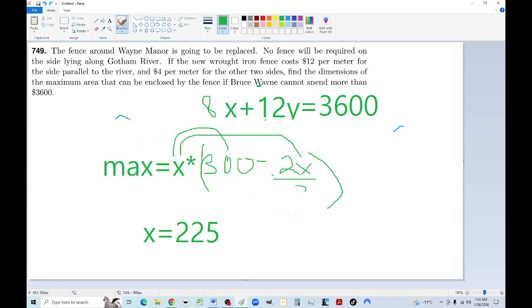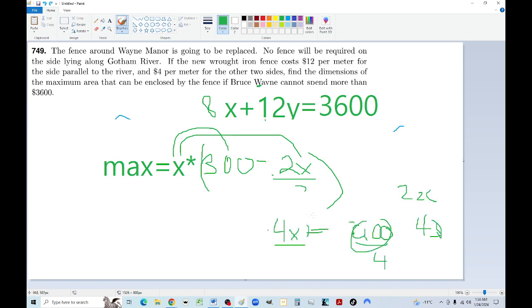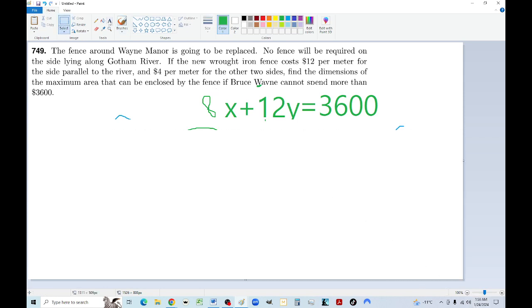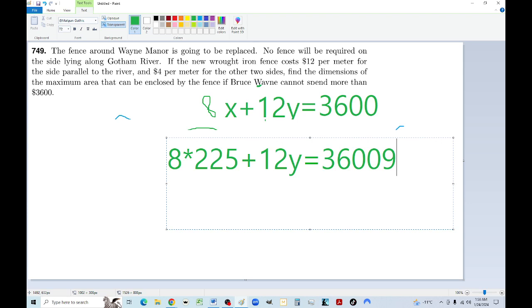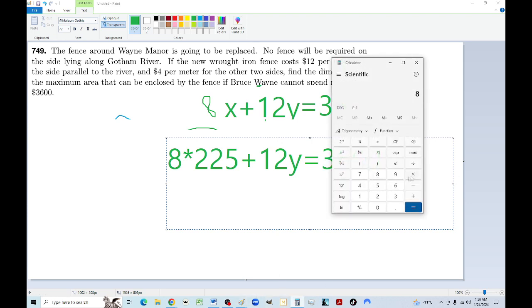Let me just make sure. 900 divided by 4, 450, 225. So that means 8 times 225 plus 12y. I'm just solving for y now. It's going to be equal to that. I have to find 8 times 225. 1800.